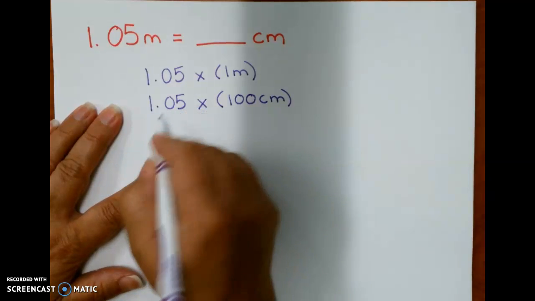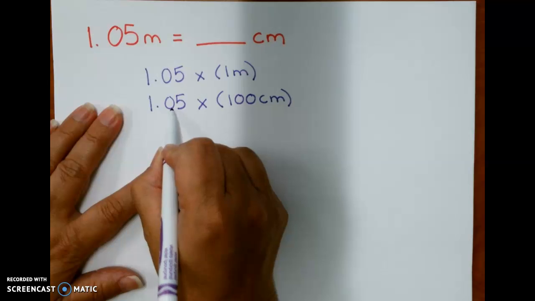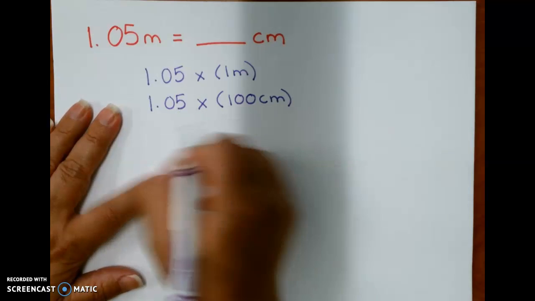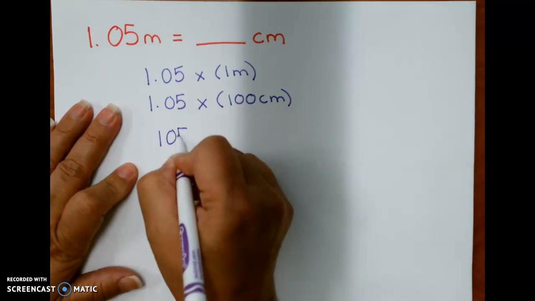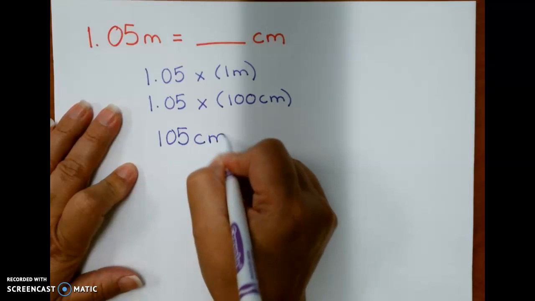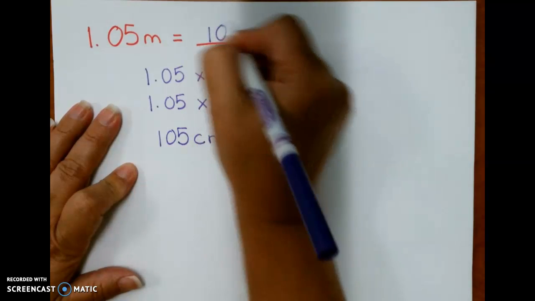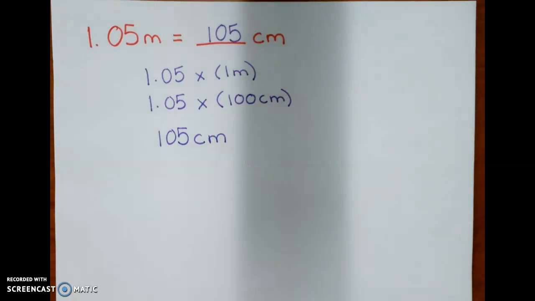So 1 and 5/100 times 100 gives me 105 centimeters. Now, the hardest thing is going to be remembering what units are equal to each other. So attached to the slideshow is a unit measurement conversion table, and I'll also post it in Google Classroom, so if you can print it out, you'll have it.